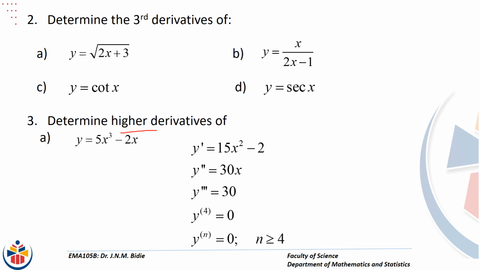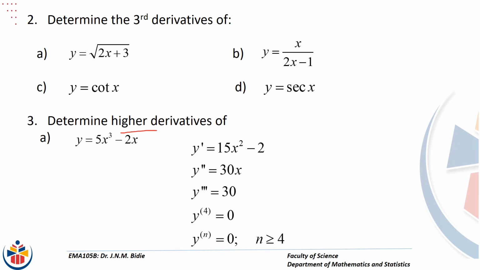In this case, we had y prime equal to 15x squared minus 2x. The second gave us 30x. The third gave us 30. The fourth derivative, note the notation: the power of y is in brackets to show that it is a derivative.